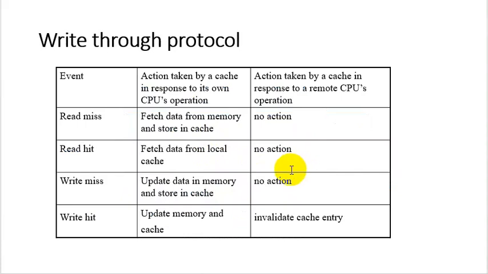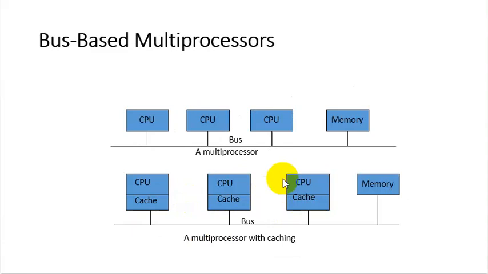So, to improve performance, processors are provided with their own cache memory. A cache is a very small but extremely fast memory located close to the CPU. Instead of accessing main memory every time, the processor first checks whether the required data is available in the cache.